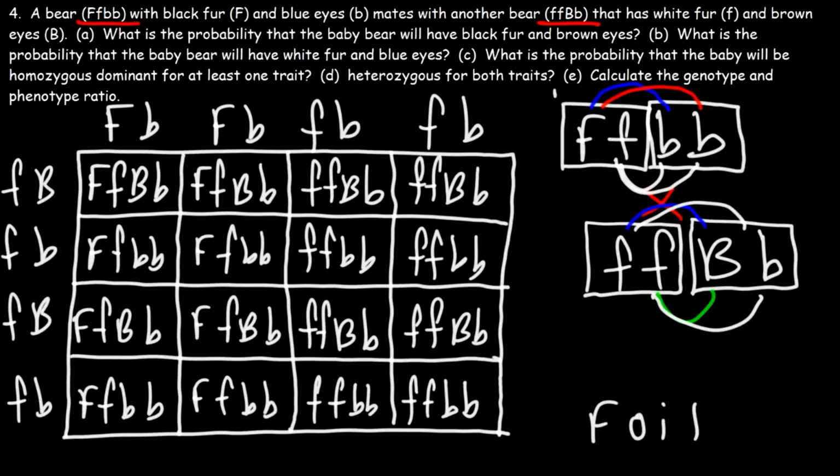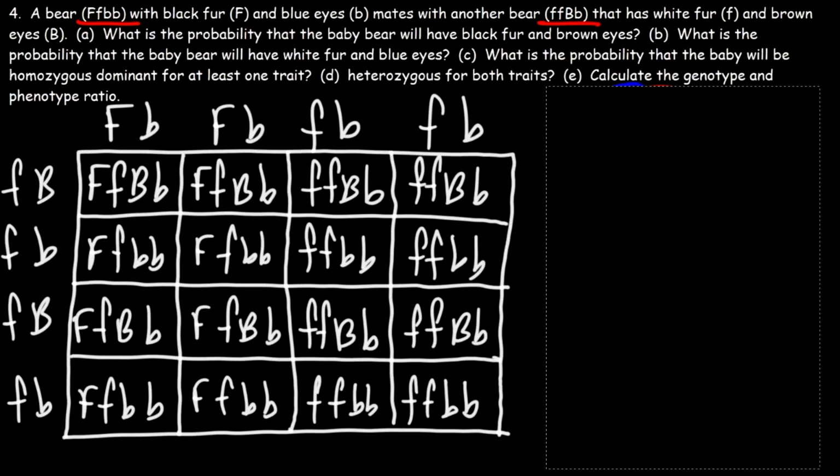So now at this point, we can answer part A. What is the probability that the baby bear will have black fur and brown eyes? I can't use black because the background is black, so I'm just going to use blue for black.